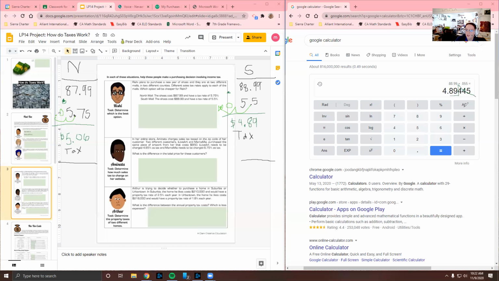So we're going to take our original prices plus the amount of tax we have. So the first pair of shoes at the North Mall is $87.99. The tax was 5.06, so plus 5.06. And the grand total for the shoes at the North Mall is $93.05.